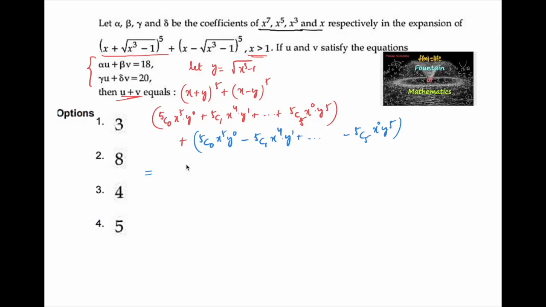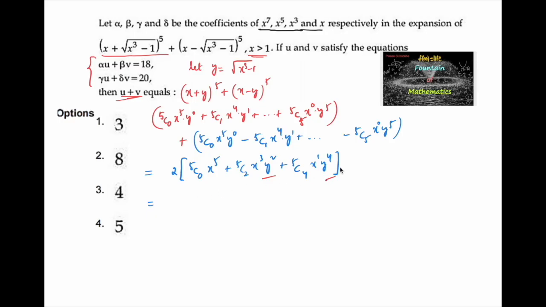Now by adding these both, we get 2 times 5c0 x to the power of 5 plus 5c2 x to the power of 3 y square, next 5c4 x to the power of 1 y power 4. We can see that the power of y is even in all the three terms.